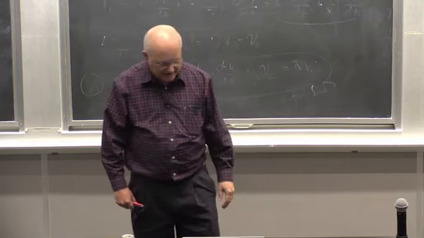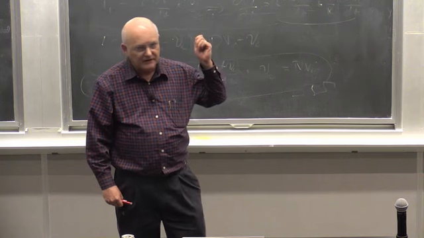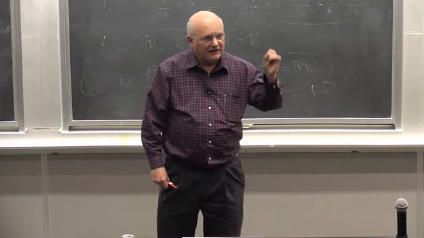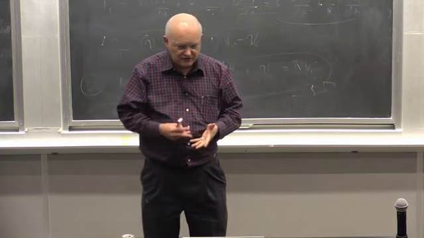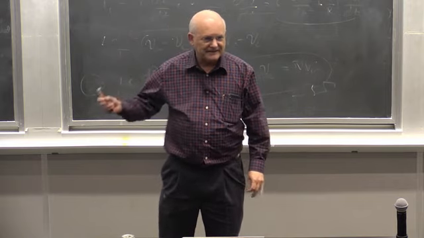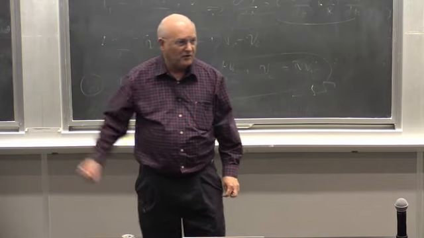And the last reason is reverse engineering. You can figure out what a program does when you only have access to its binary. So for example, the matrix multiplication example that I gave on day one: we had the overall outer structure, but for the inner loop, we could not match the Intel Math Kernel Library code.